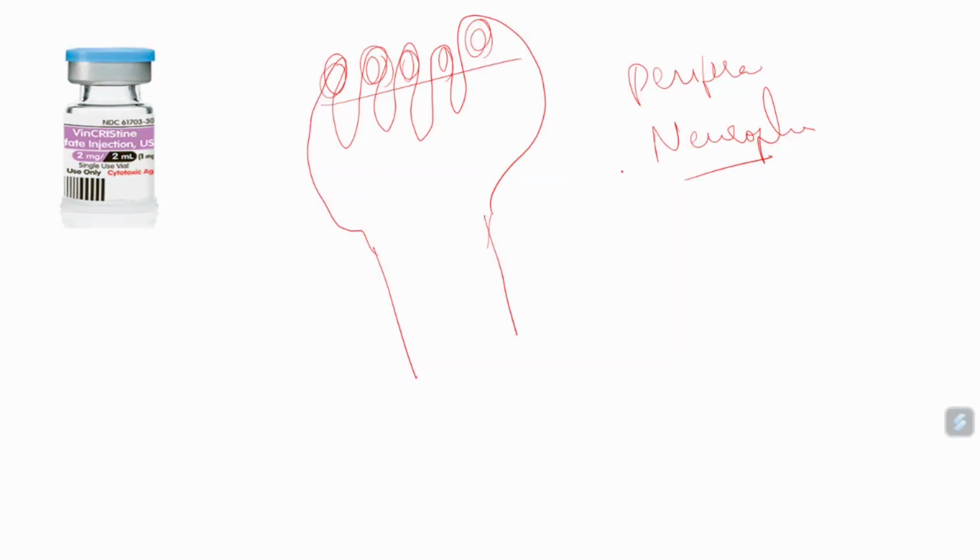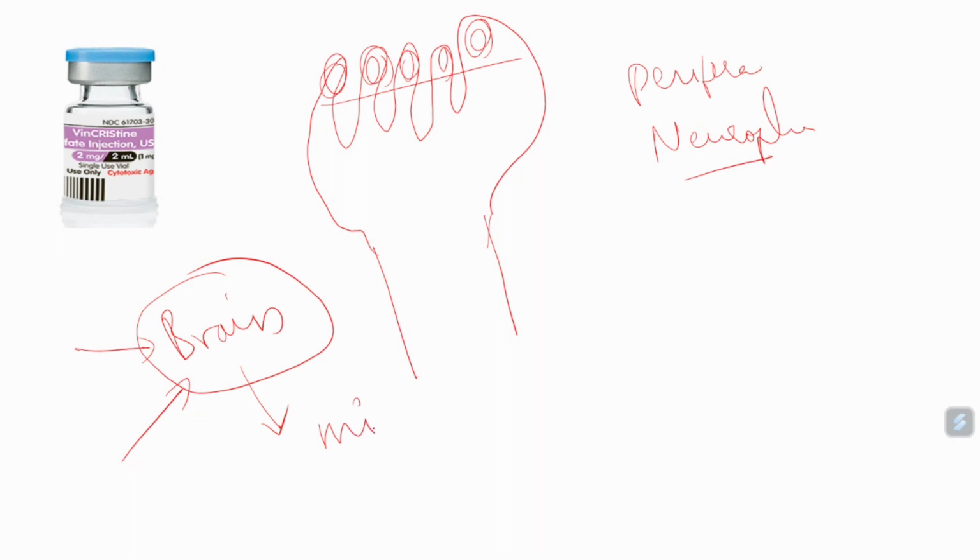Other than this, in the brain also, one very important point I would like to add here. Everybody, always try to remember, concentrate. The brain continuously requires microtubules for its normal physiology and formation, to perform its normal actions.